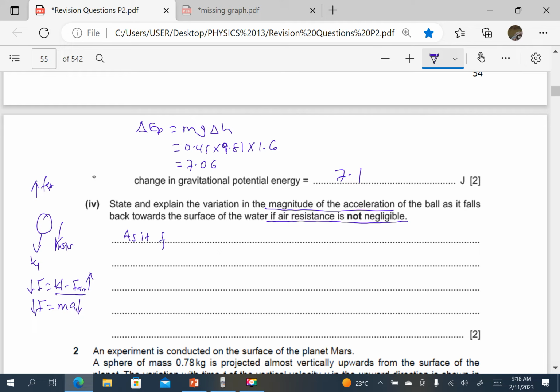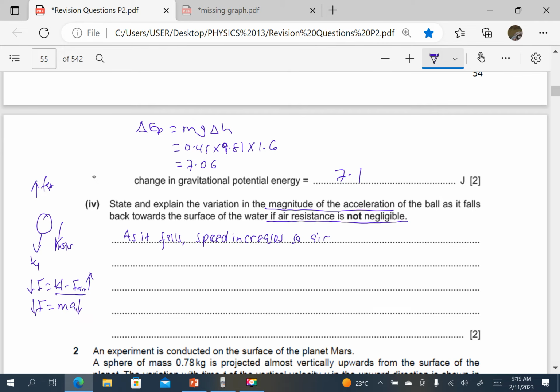As it falls, speed increases, so air resistance increases, because air resistance increases with the speed.